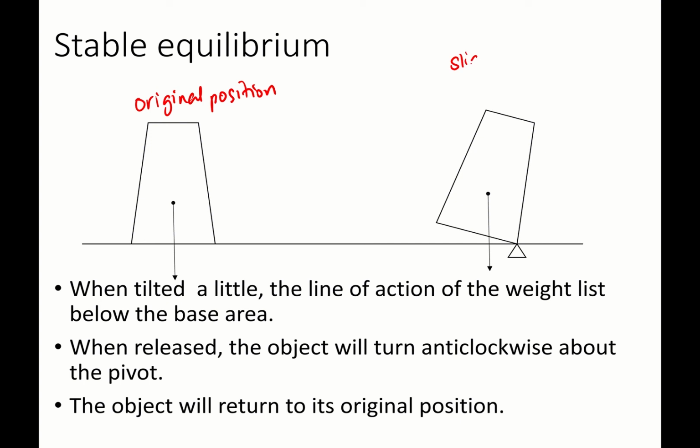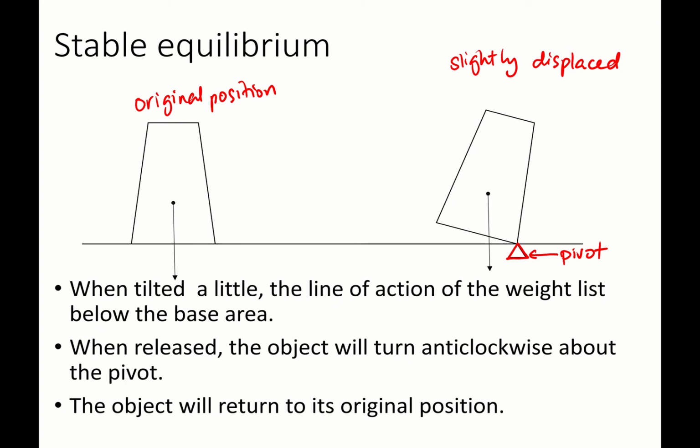Sorry, I will use the definition words: the object is slightly displaced about a pivot. So you anchor the object at that point there, and then you tilt it. It's not like you insert a pivot there, no. You just anchor at that point and you tilt it.